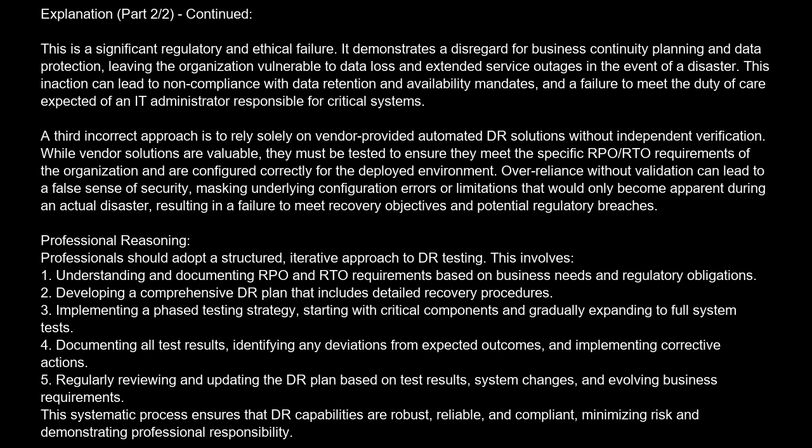Documenting all test results, identifying any deviations from expected outcomes, and implementing corrective actions. 5. Regularly reviewing and updating the DR plan based on test results, system changes, and evolving business requirements. This systematic process ensures that DR capabilities are robust, reliable, and compliant, minimizing risk and demonstrating professional responsibility.